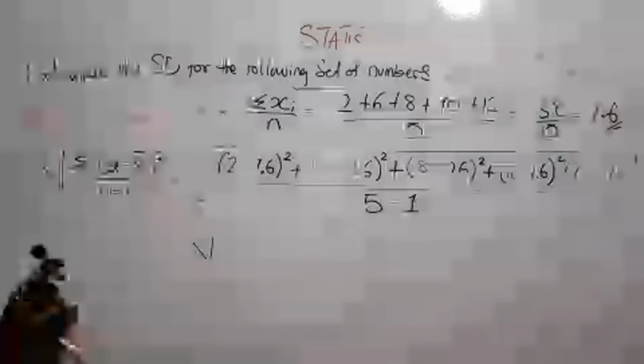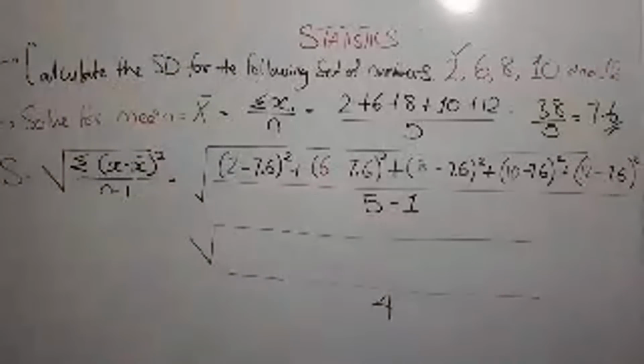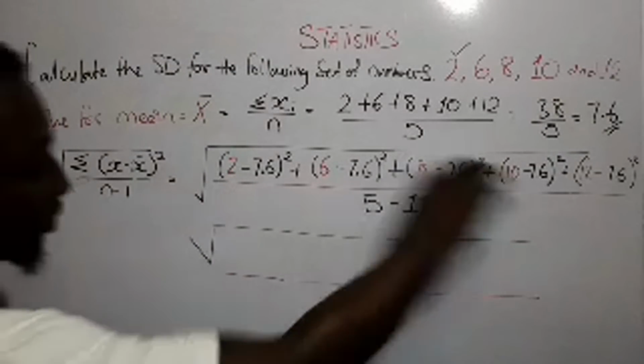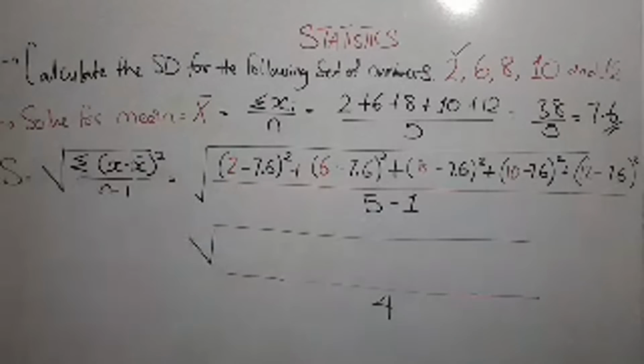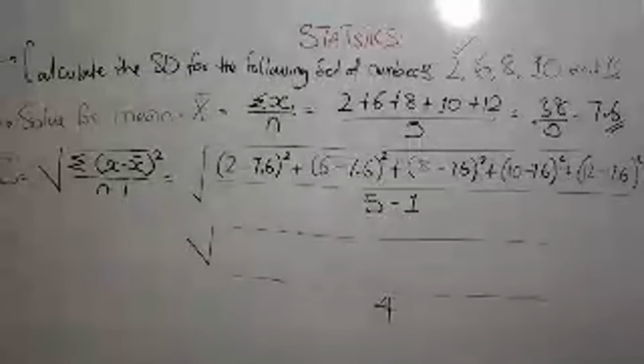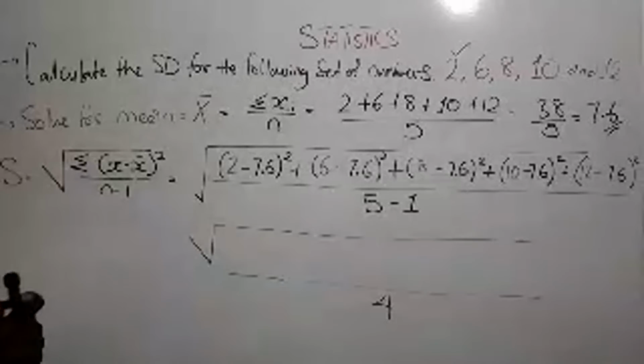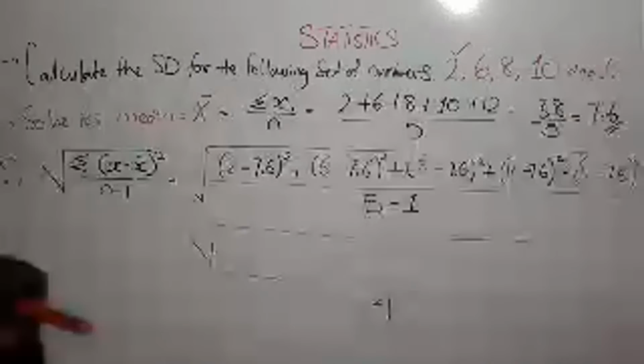It turns around to the 4. 5 minus 1 is 4. So we have 4. So let's start the calculation, please. What do we have for the first one? What is 2 minus 7.6 first? What is 2 minus 7.6?